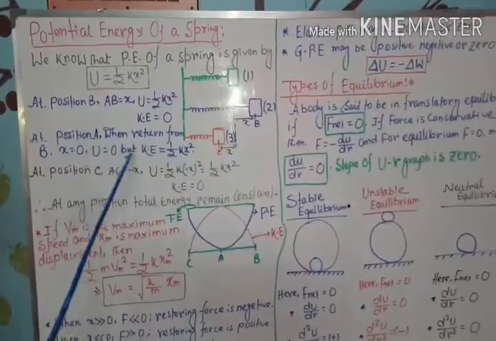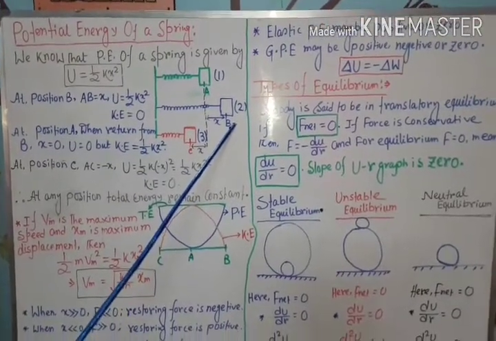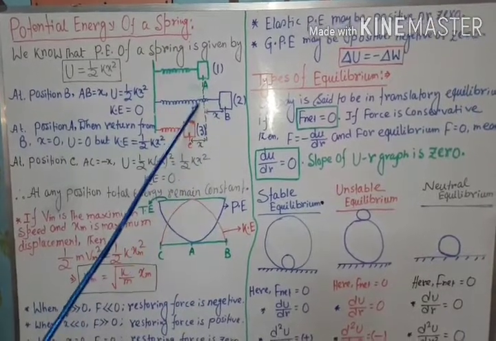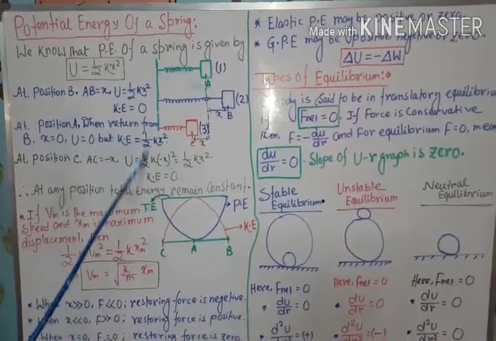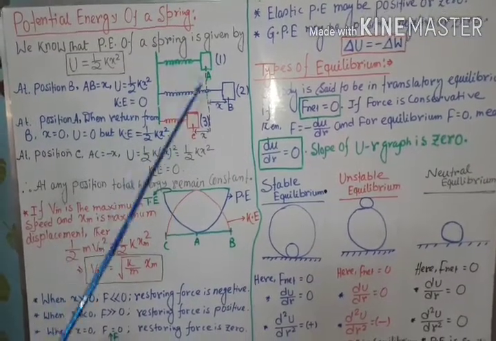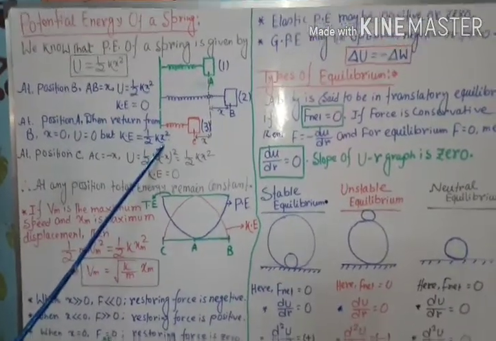But the potential energy at the position B is converted into the equivalent amount of kinetic energy at the position A. So at the position A, the kinetic energy is half k x square, and the total energy is 0 plus half k x square, that is half k x square.